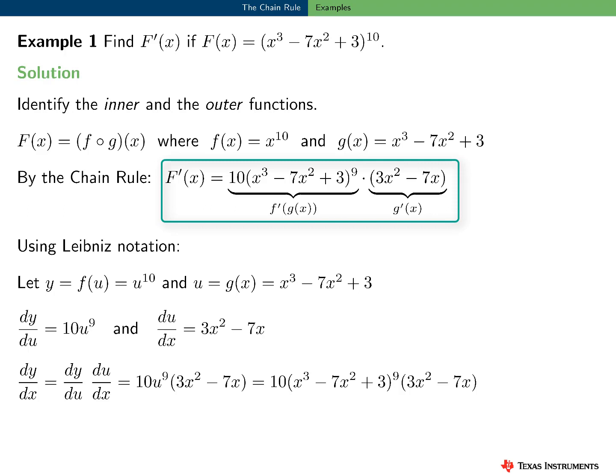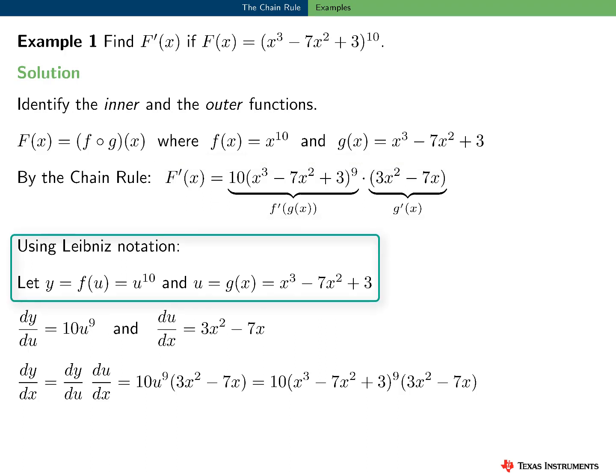So I know by using the chain rule to find the derivative of capital F, I need to evaluate the derivative of little f at g and multiply by g prime of x. Here's another way to solve this problem using Leibniz notation, and this might be a little bit easier when you're first starting to use the chain rule.